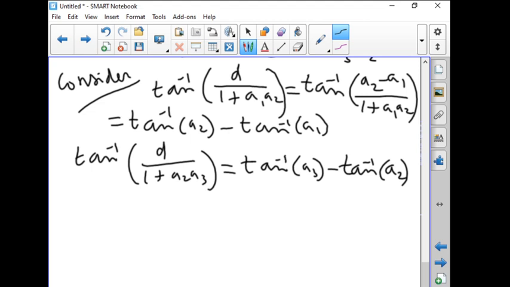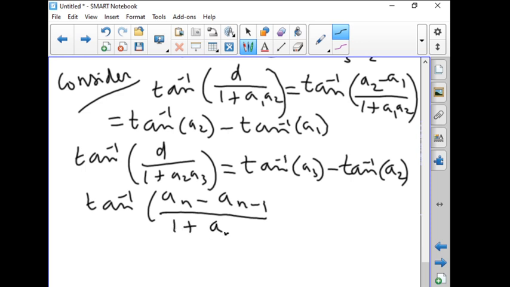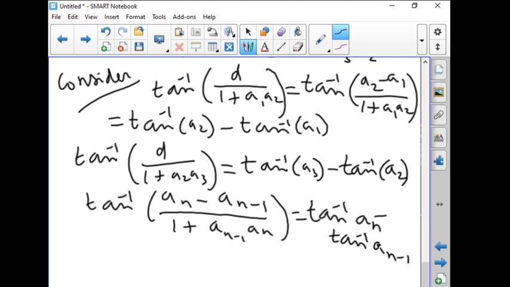So, what will be the last one? Tan inverse of d by 1 plus an minus 1 an, which will be equal to tan inverse of an minus tan inverse of an minus 1.